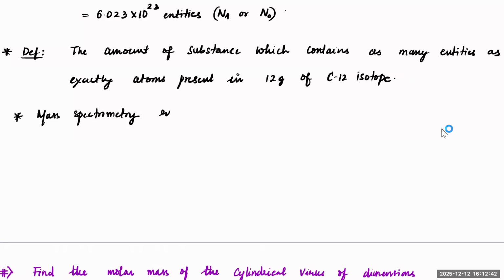Mass spectrometry reveals that the mass of one carbon atom is approximately 1.99 into 10 raised to power of minus 23 grams.